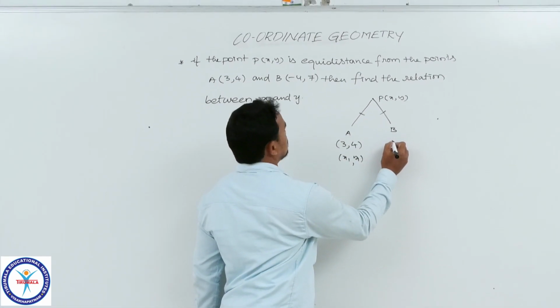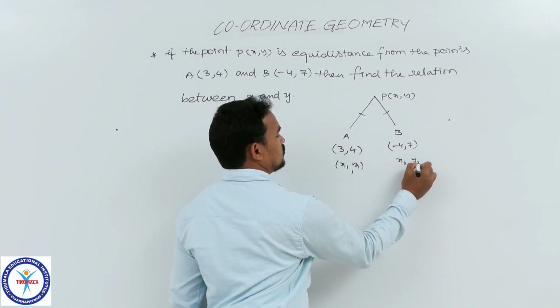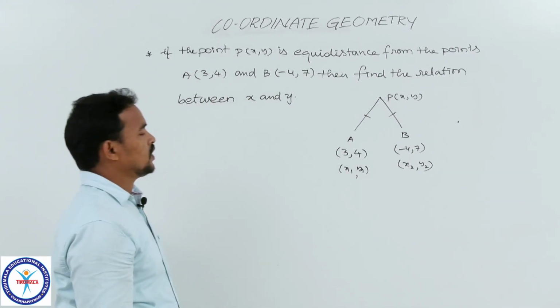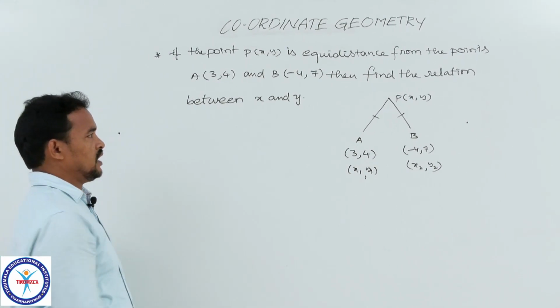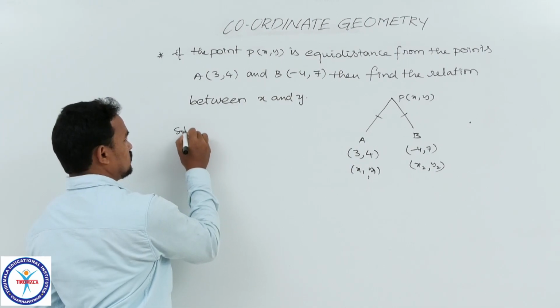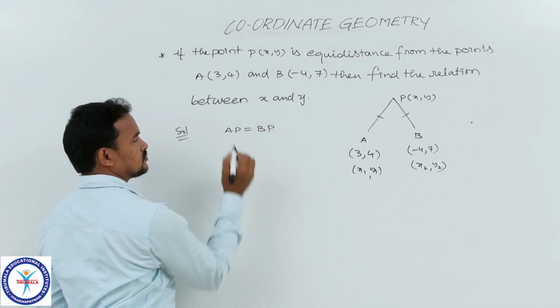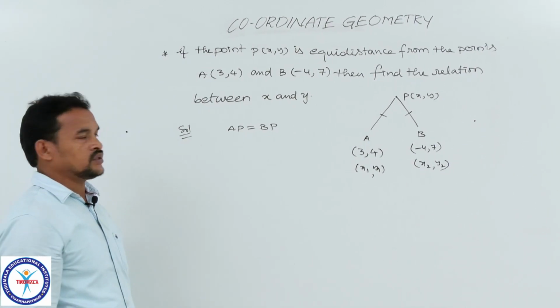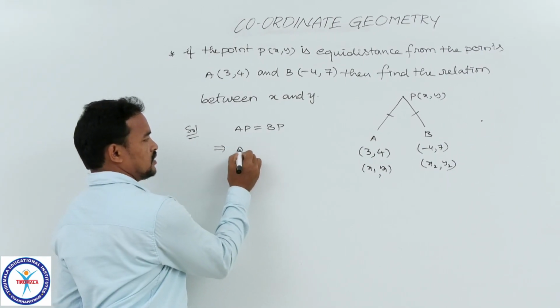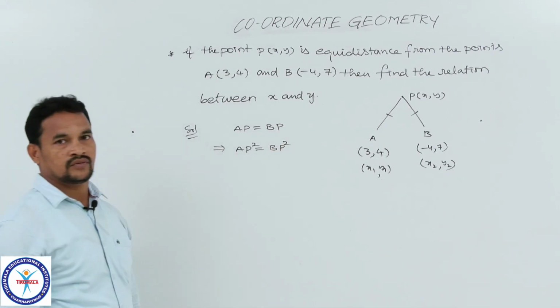B point is minus 4, 7, it is x2, y2. When P is equidistant from A and B, here what we know means AP is equals to BP. Take square on both sides, that implies AP square equals to BP square.